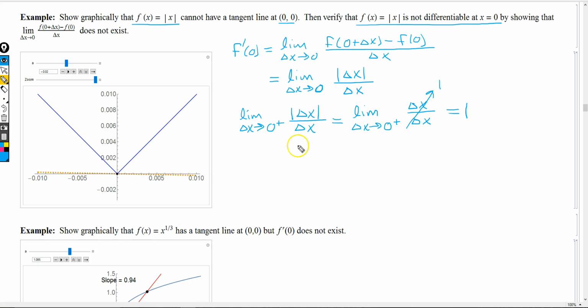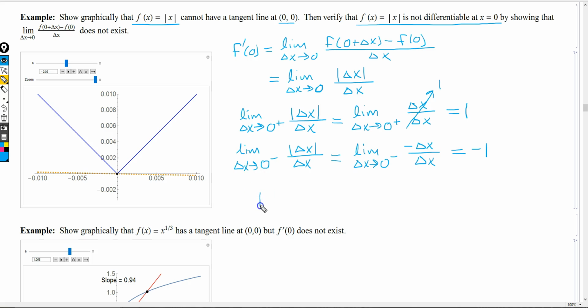Now if we look at the limit from the left, well, the limit from the left is going to be negative 1. And that's because if delta x is approaching 0 from the left, then delta x is a very small negative number.